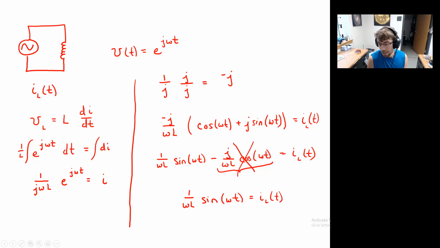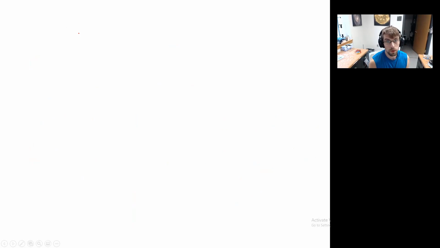So let's take a minute and look at this. This is interesting. We have our applied potential, which is given by cosine of omega t.